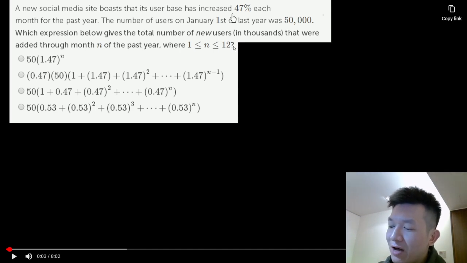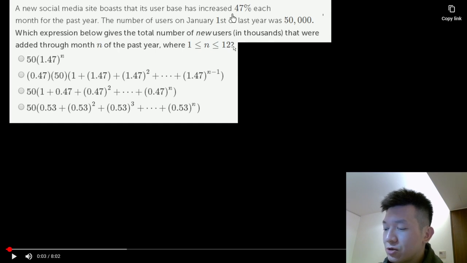So what we have added for the second month is 50,000 times 1.47 times 47%, right? So 50 times 1.47 times 47%, okay? So you see here the second term, we applied the rate. So our rate is 1.47, but we only apply for the second term, not the first term.